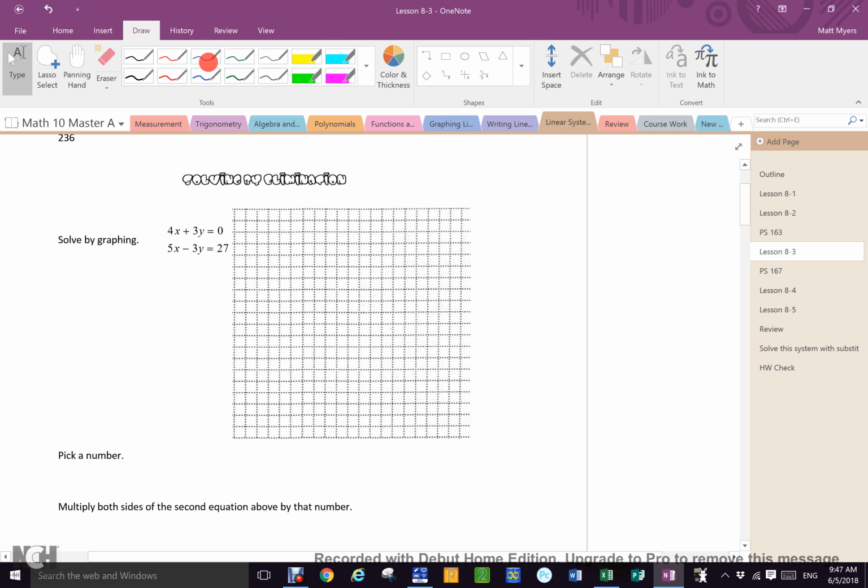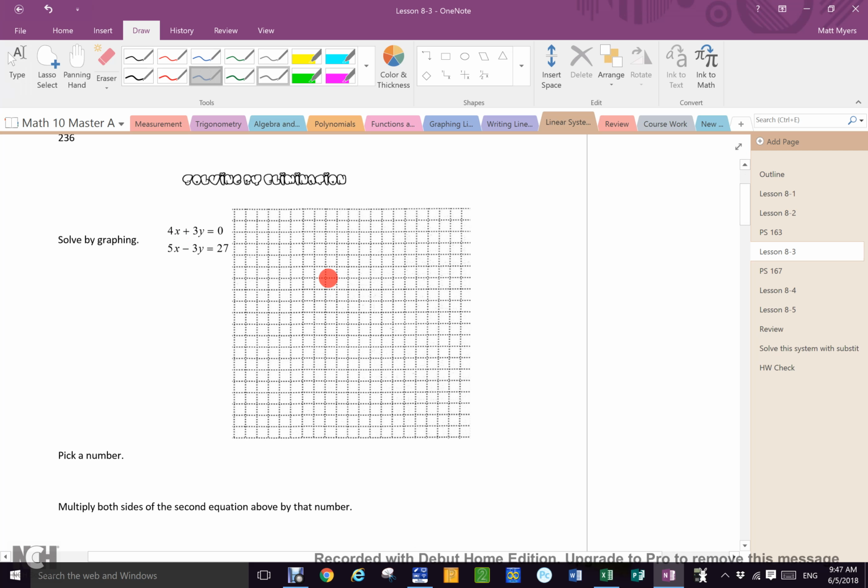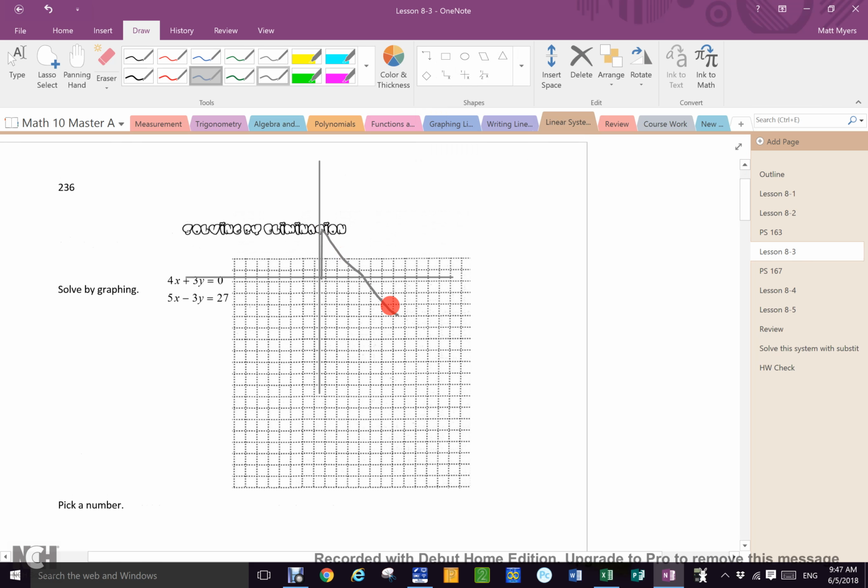Everybody take that system and solve it on this graph. While I am setting mine up, it should take you not very long.